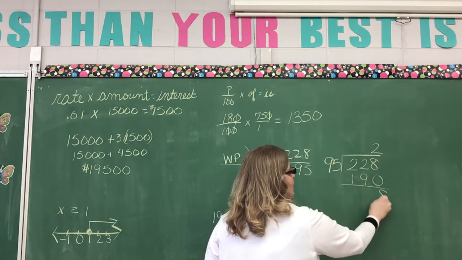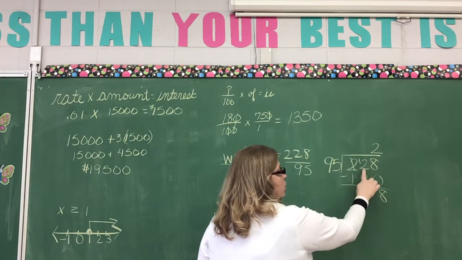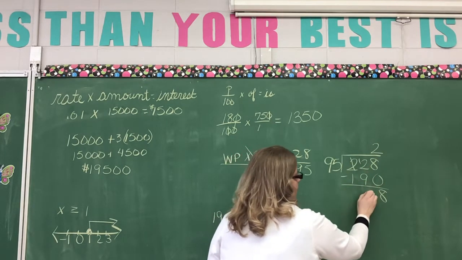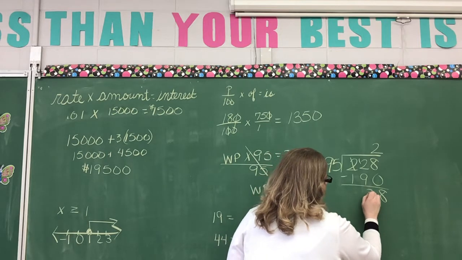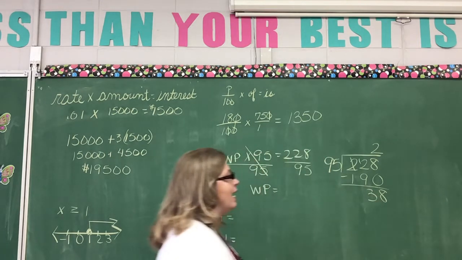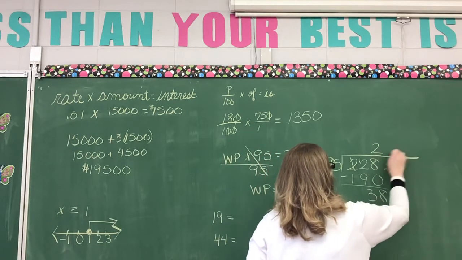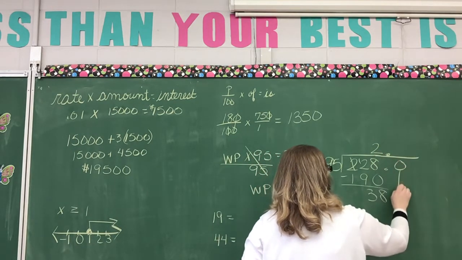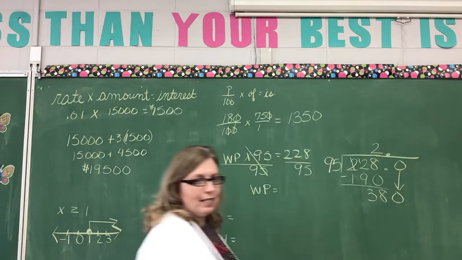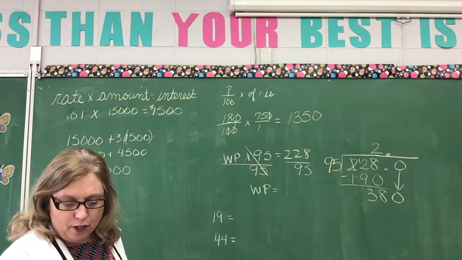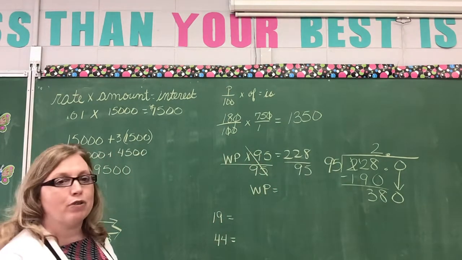So let's subtract this out. Okay, so we have 12 minus 9. And we have 38 is less than 95, so we're going to put our decimal point and annex a 0, bring it down. How many times will 95 go into 380?